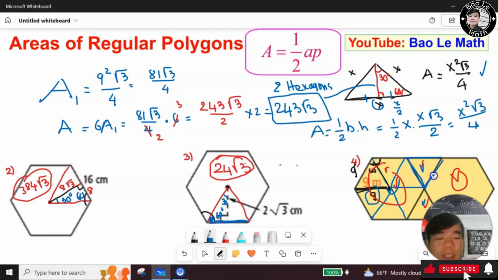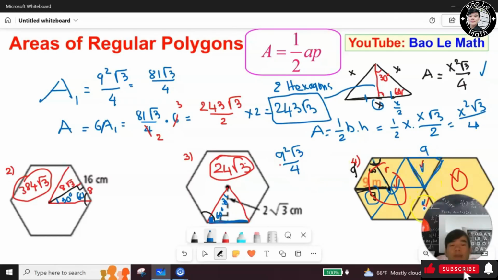So we have 3 congruent sides. So this is an equilateral triangle with side length 9. So we have 9 squared root 3 over 4, the area of one equilateral triangle right here.